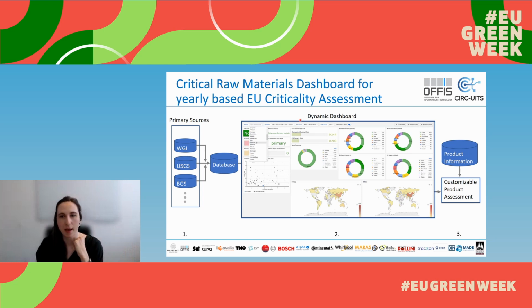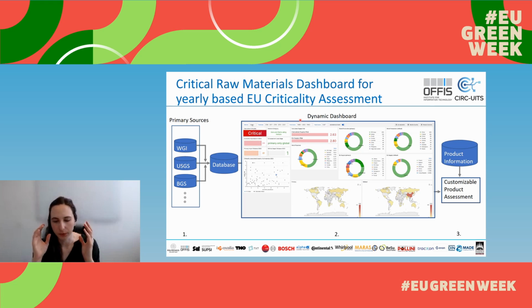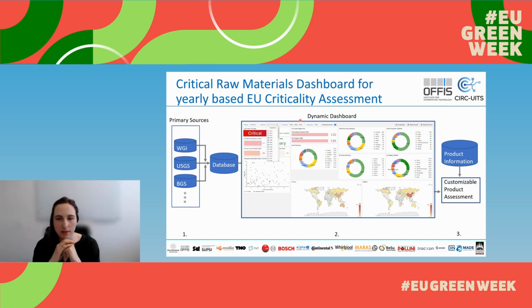The critical raw materials dashboard that we used was focused on development, so you can always select the sources where the data is coming from, and you can combine them or choose different sources. And then you can see where the production is coming from, where it is going to be refined, and what the criticality is.